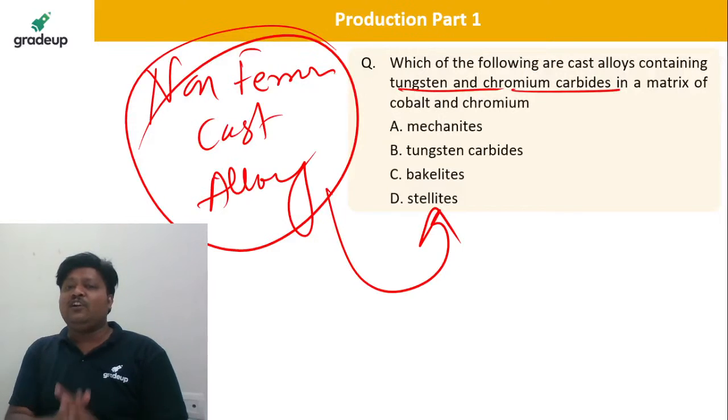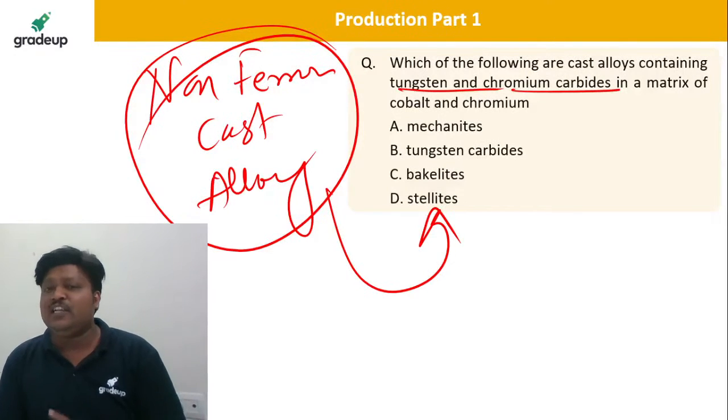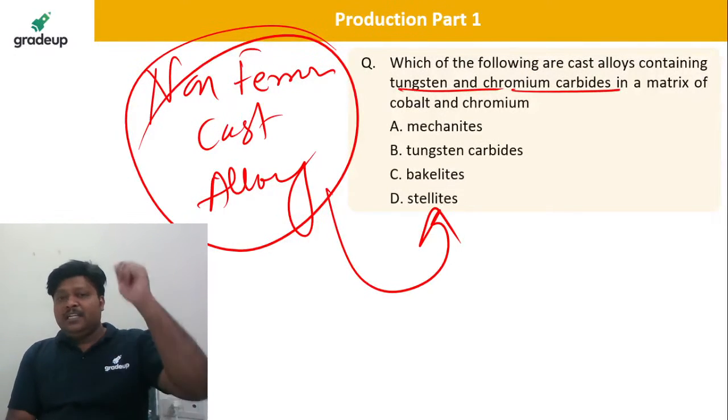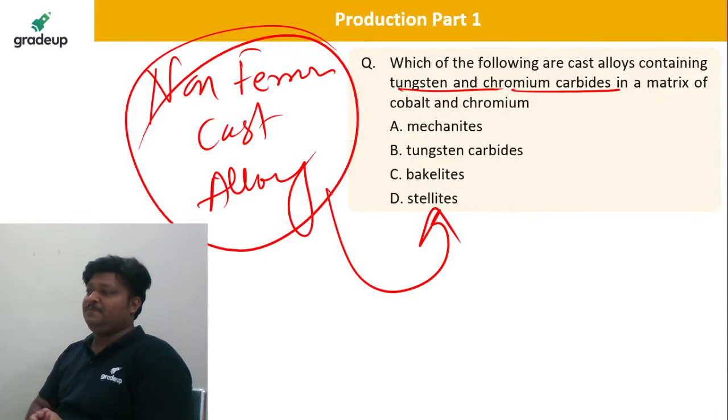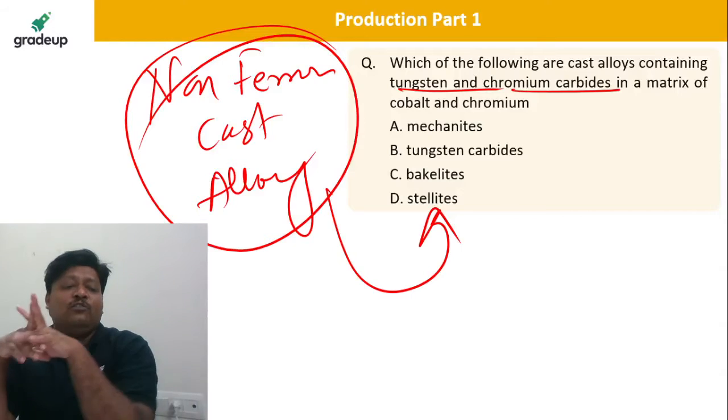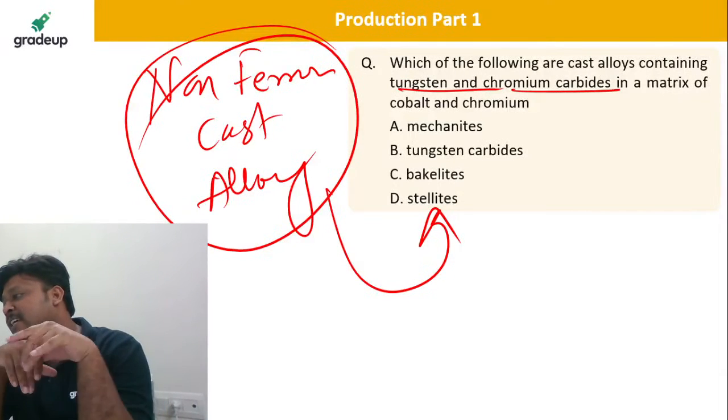Very nice dear. This is stellite, not the meehanite, tungsten carbide or bakelite. These are wrong. D is correct. I hope you are getting it.